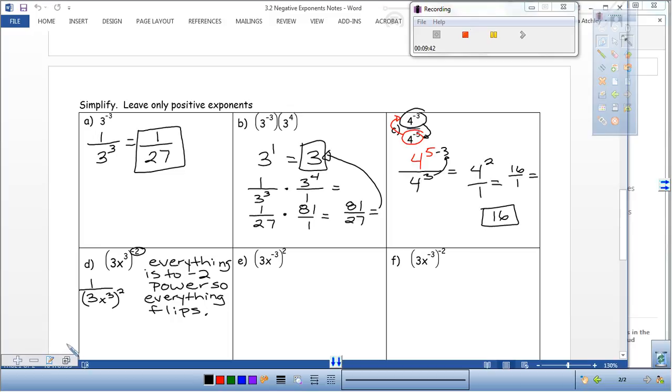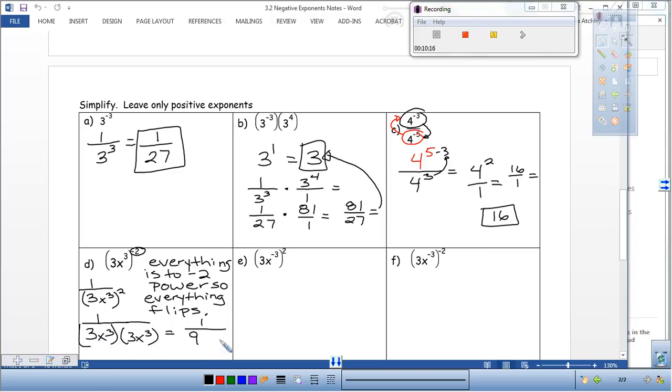Any questions over that? Okay. Now I can write this out twice. 1 over 3x cubed times 3x cubed. Which gives me 1 over 3 times 3 is 9.